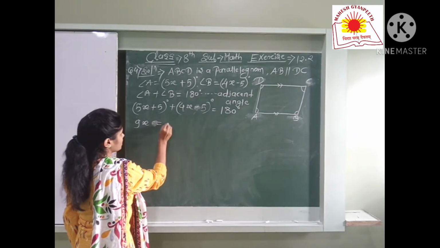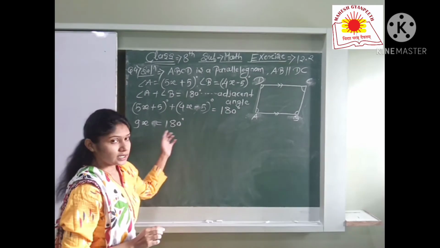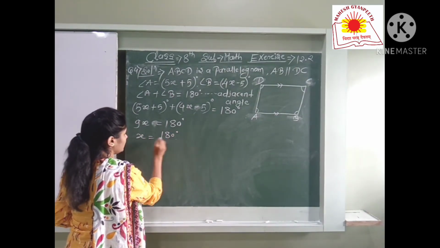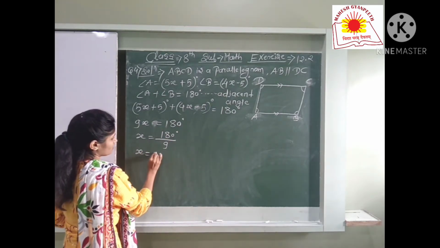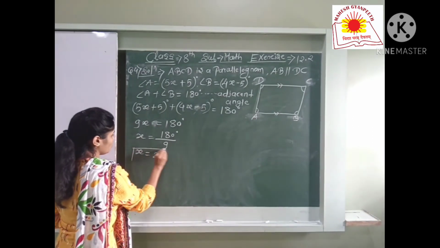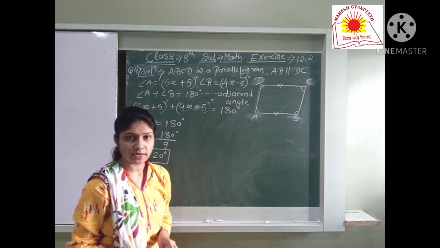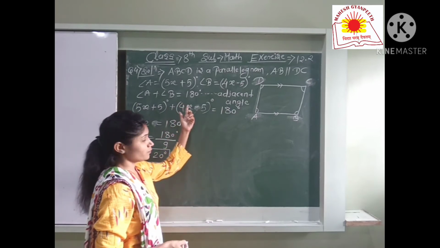So 9x is equal to 180 degrees. Don't mention the 0. Then transfer the 9 to this side, so 180 degrees upon 9. So x is equal to what? 9 twenties are 180, so you will get 20. What is the value of x? x is equal to 20 degrees.